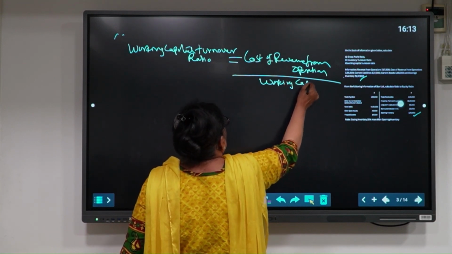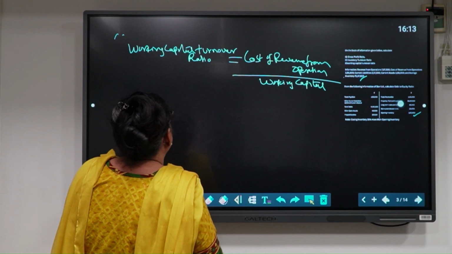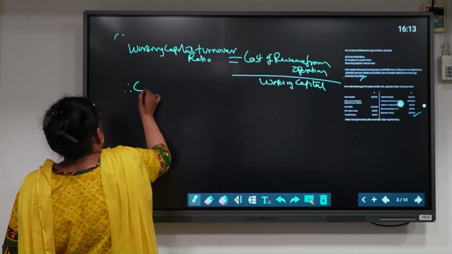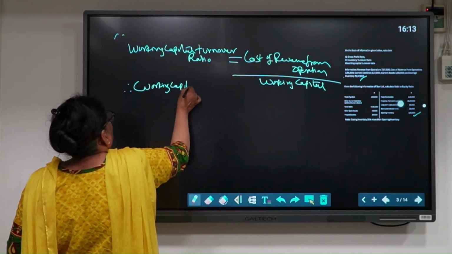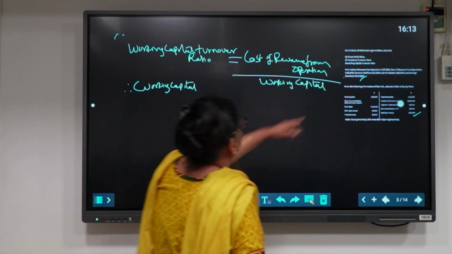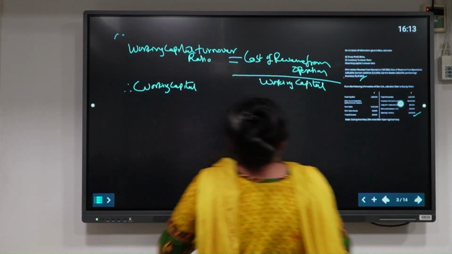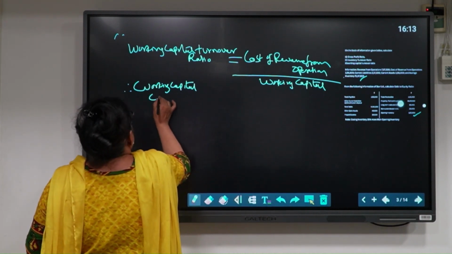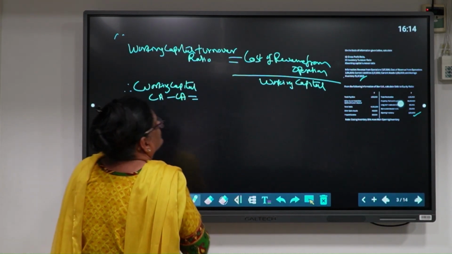Here we require current assets and all for working capital. Therefore, what is your working capital? They have given us current assets and current liabilities. Current assets minus current liabilities is your working capital.